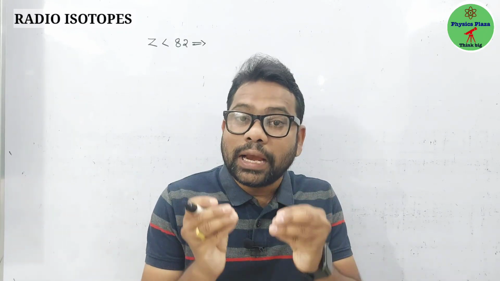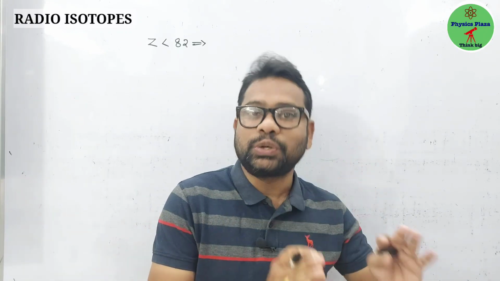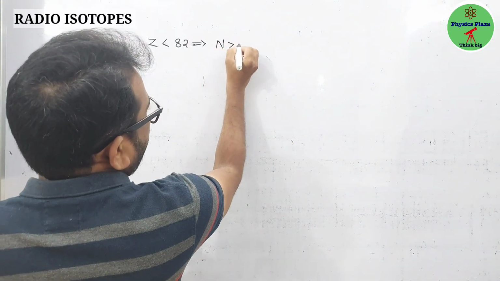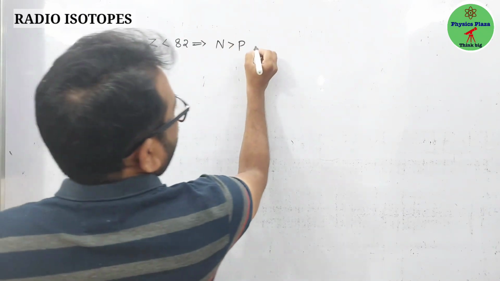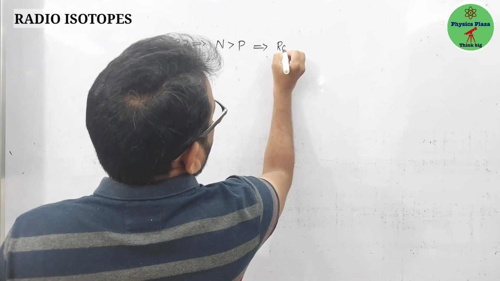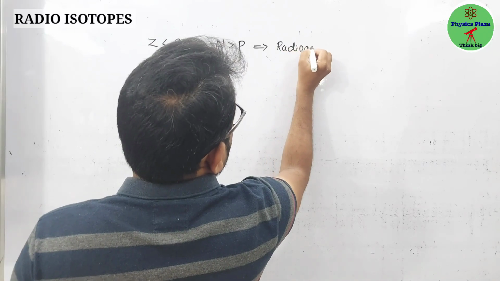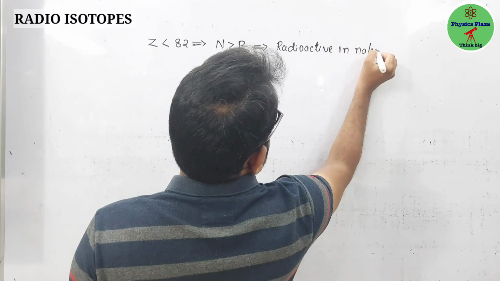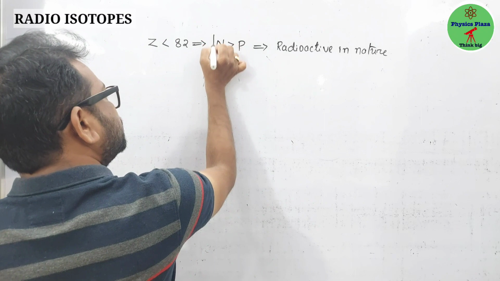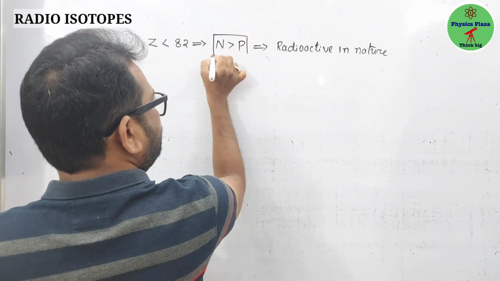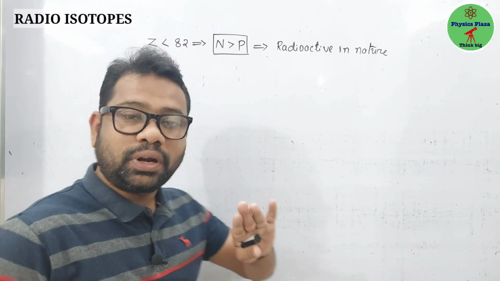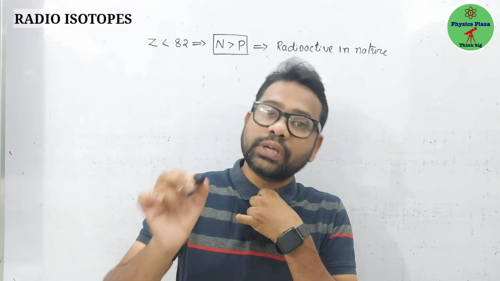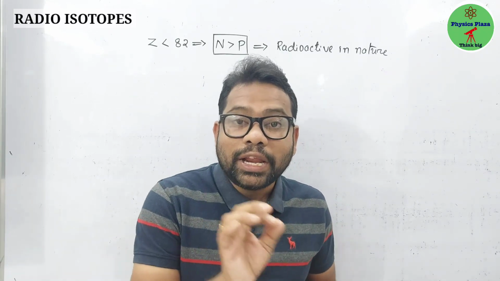But even among atoms with atomic number less than 82, in some isotopes the number of neutrons is greater than the number of protons, so they are found to be radioactive in nature. This is very important. Such isotopes we call radioisotopes.